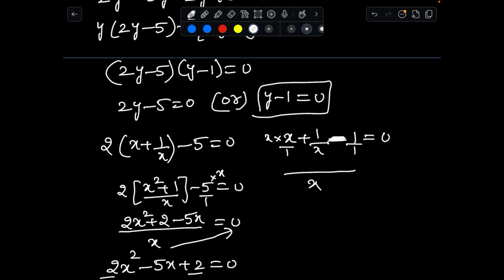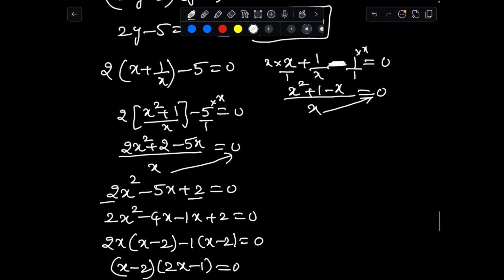Here 1 has the denominator 1, so 1 is also multiplied with x. x·x, x² + 1 − 1·x = 0. This denominator x is taken to the right side, then that is equal to 0: x² − x + 1 = 0.